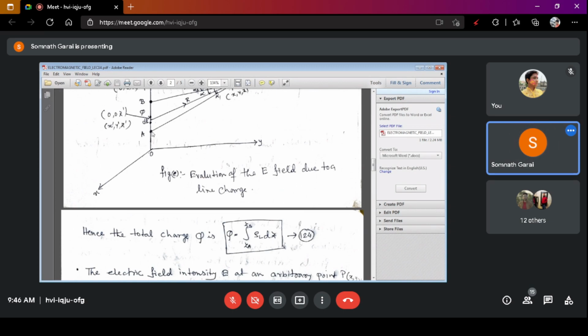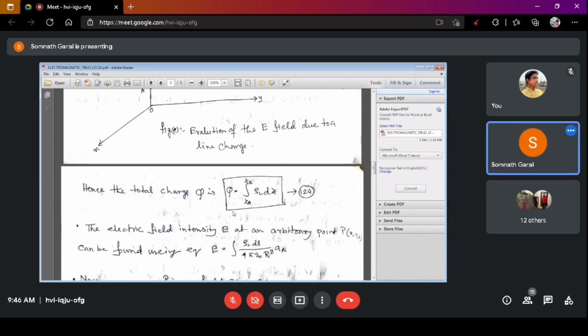According to the Z direction, because the x direction and y direction components in this field are equal to 0. That's why Q is equal to the integration from ZA to ZB of rho L dz, right? So it is the total charge along this line.